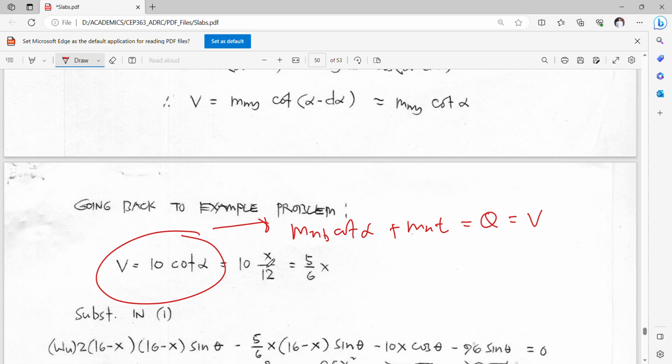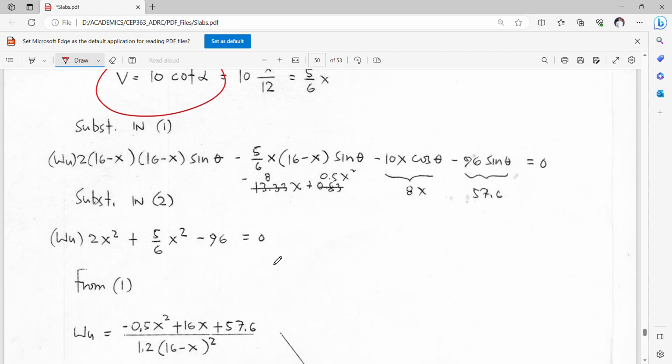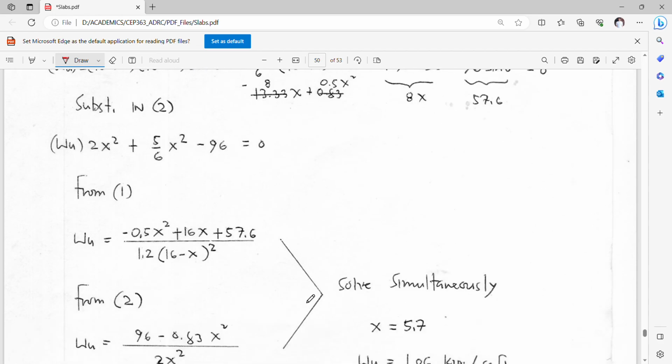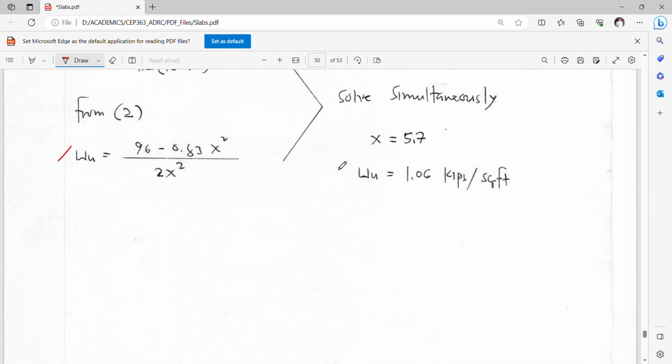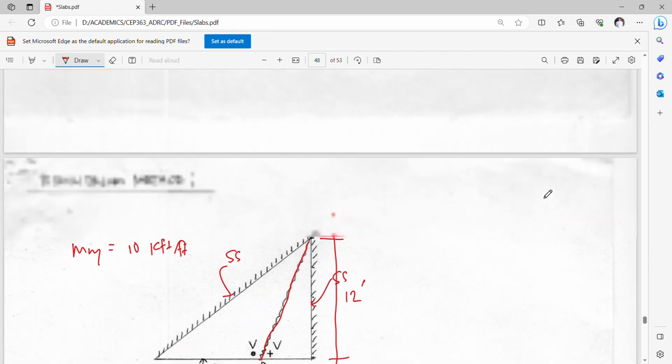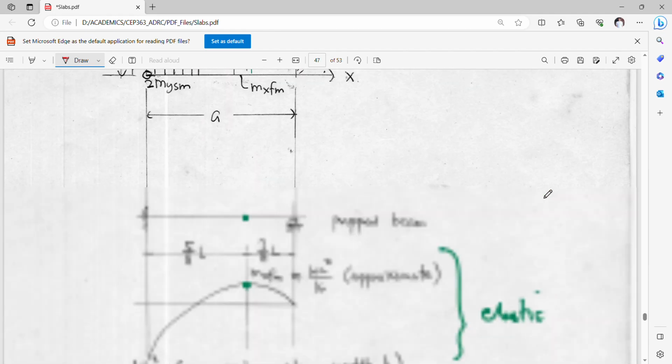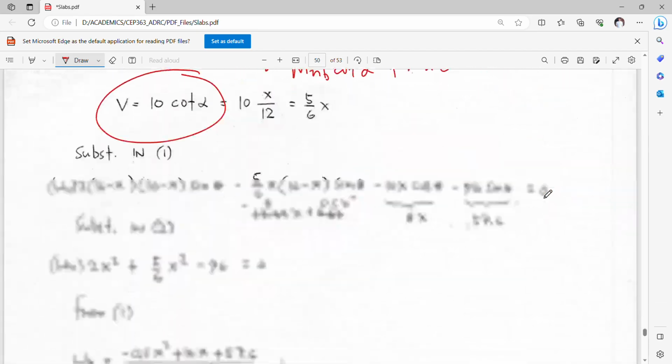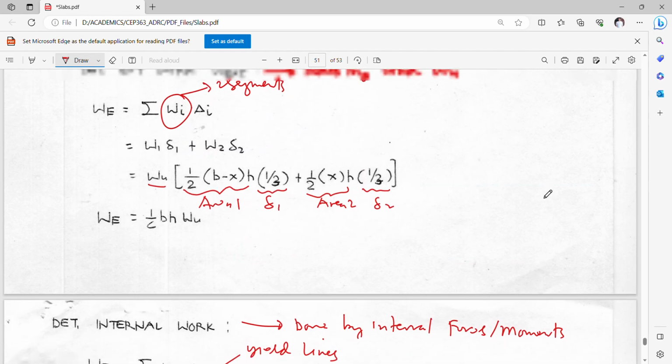Cotangent alpha is simply 6 over 12. This will be substituted into equations 1 and 2 to get a formula for the load. Two substitutions will create two equations, and solving these simultaneously will give you this value, which is the same as that obtained from the first method, the virtual work method.